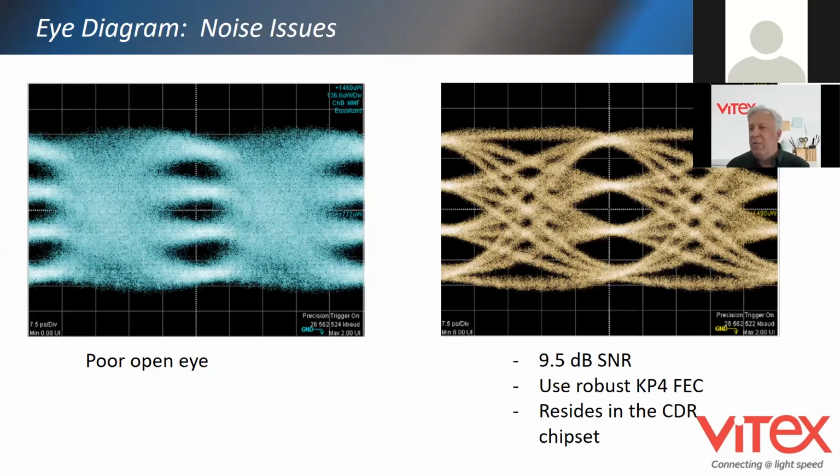The eye diagram on the right is actually taken with an analog chipset, but it also would be indicative of you using the singlet with a DSP. The eye diagrams are very similar, but once again, if you use the analog, you can save on cost and you can save on power, and you get better signal to noise.